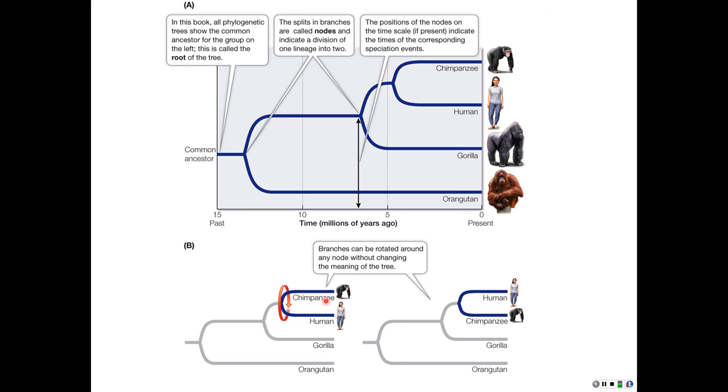And in particular, what we want is what's called a monophyletic clade. So a monophyletic clade is all descendants in a group plus their common ancestor.